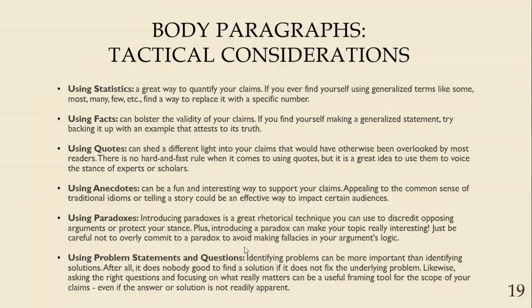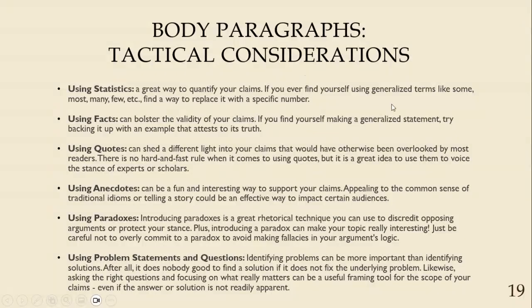Definitely don't stifle your writing voice. You can still make it interesting and engaging, even if you have to predominantly stay in an objective point of view. It just takes a little bit of practice. Using paradoxes, logic, avoiding those fallacies, of course, but you can definitely include them in your paper.